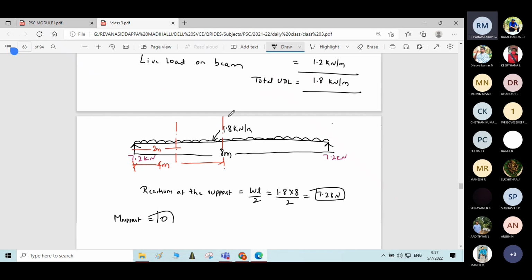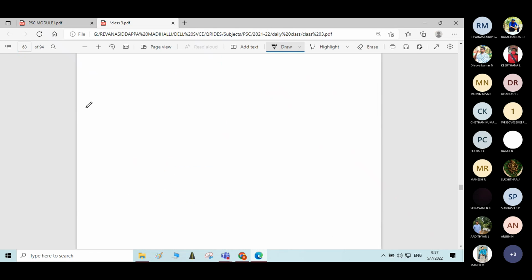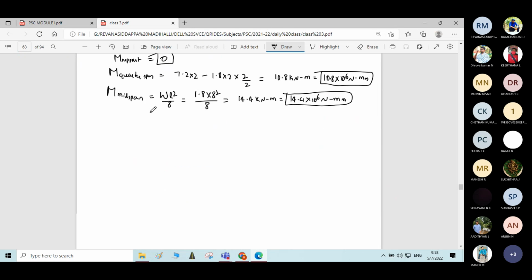Let me write the cable profile here below. Total length of the beam is 8000 mm, total length of the cable.